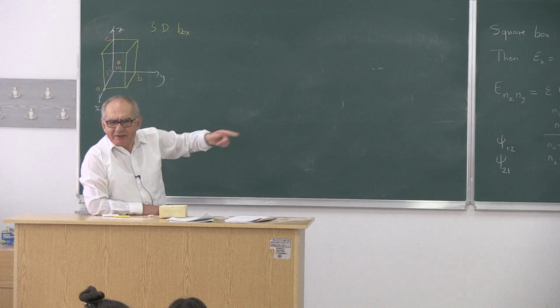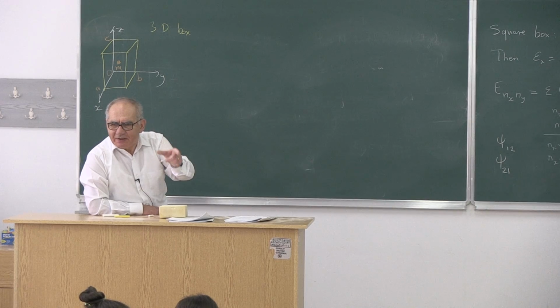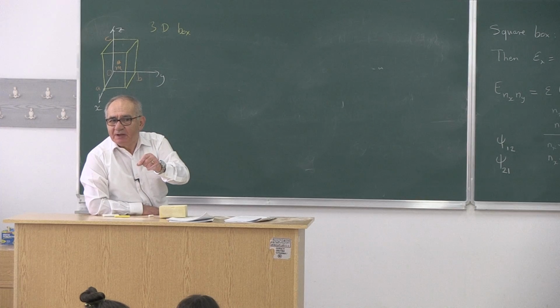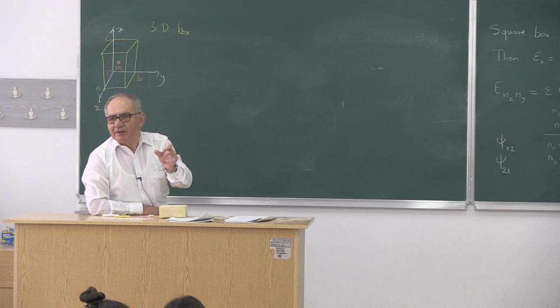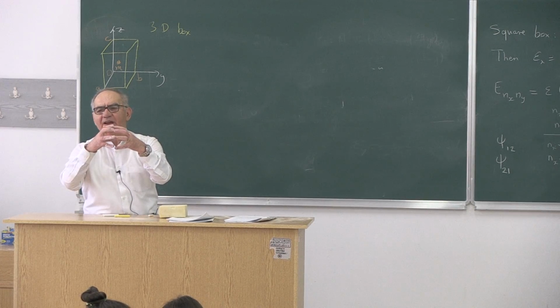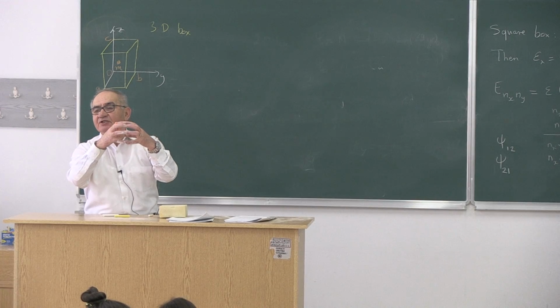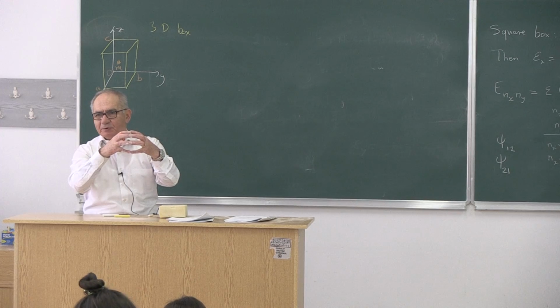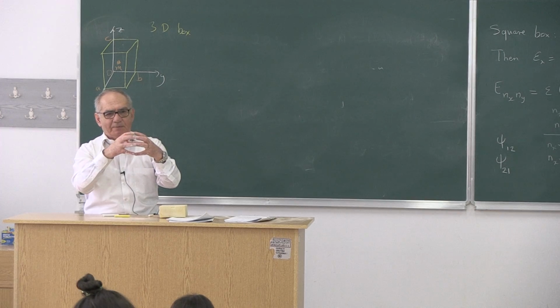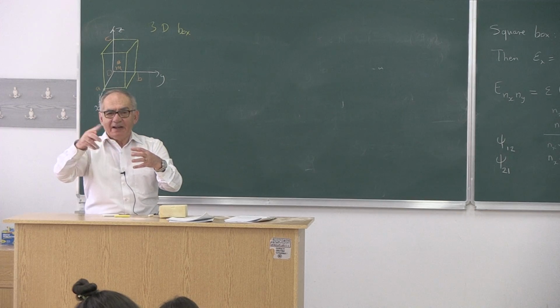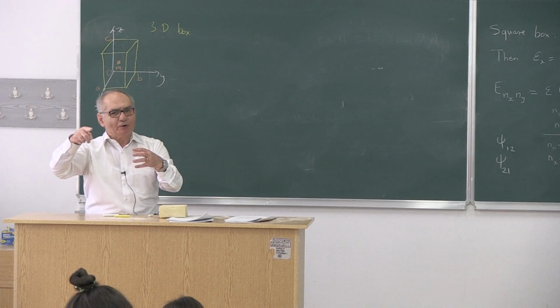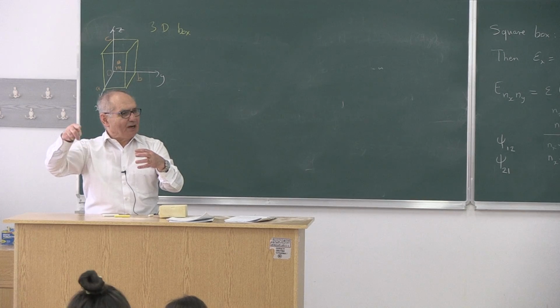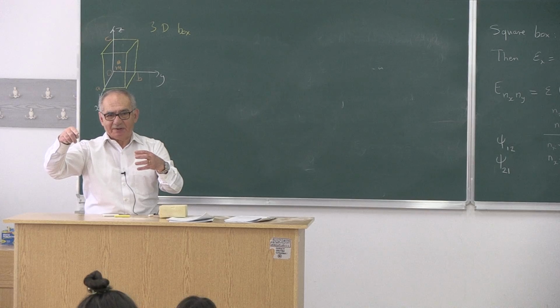Because the box has a rectangular shape, it is preferable to use Cartesian type variables. For example, this box could have a spherical shape. It is possible to use a spherical shape box. In that case, we would have preferred spherical polar type variables.